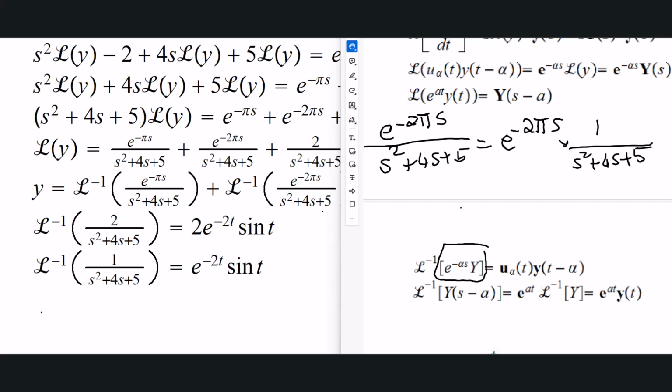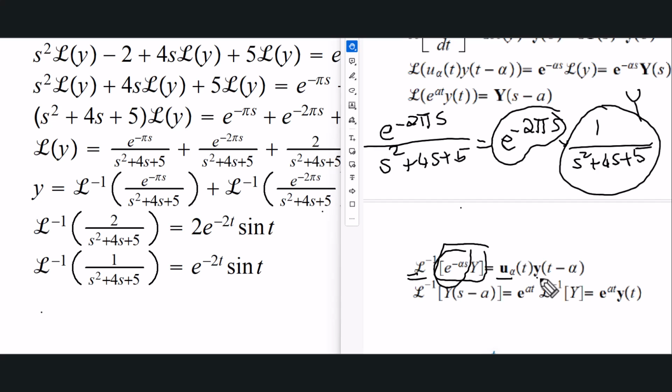So this will be our first part right here, and this would be how much? Y. So if we are looking at the inverse Laplace transform of this, what will happen?